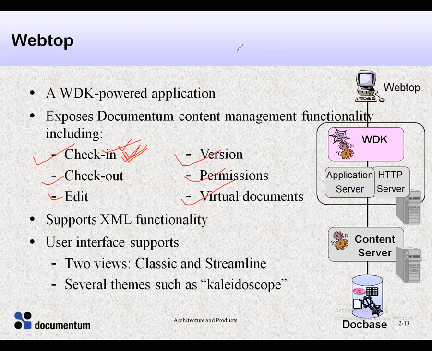That is, who applied the lock on the document, when it got checked out, and from which machine it got checked out. These three pieces of information are set in the metadata.